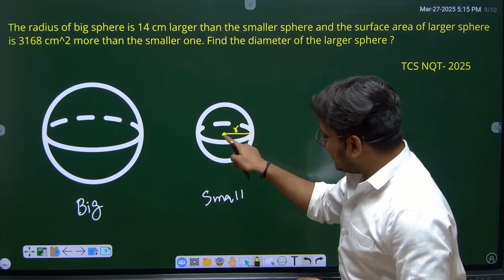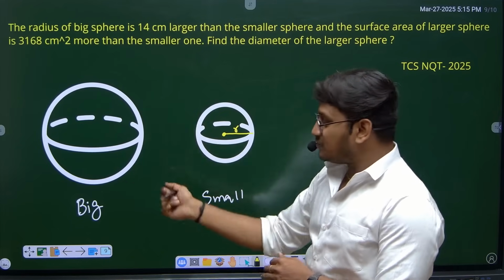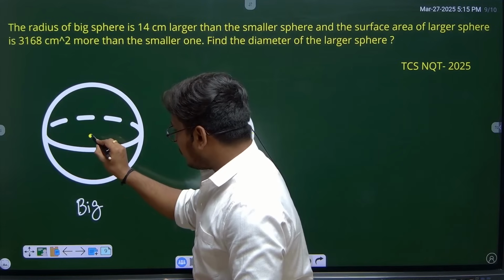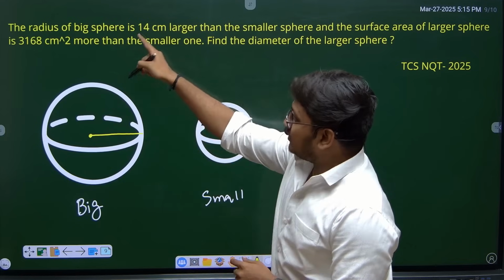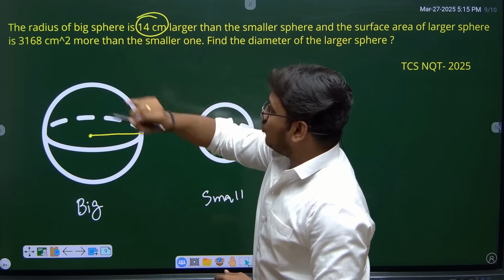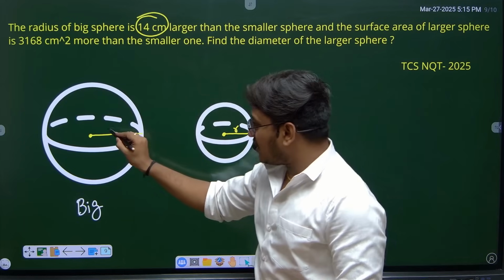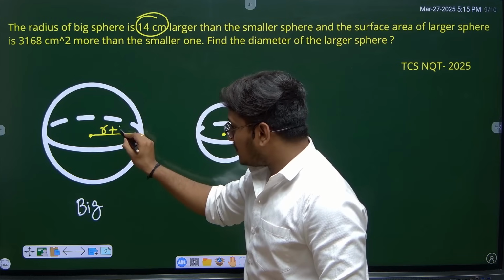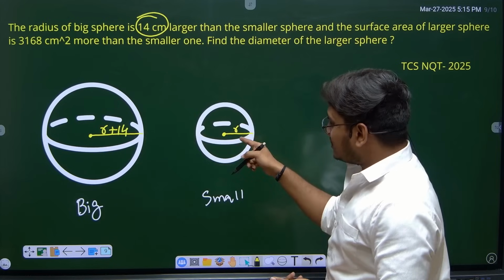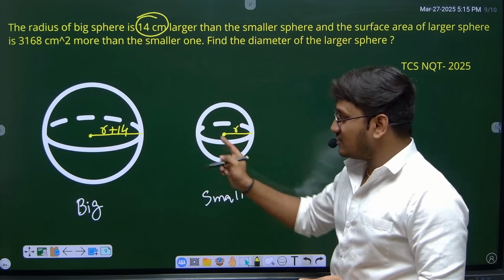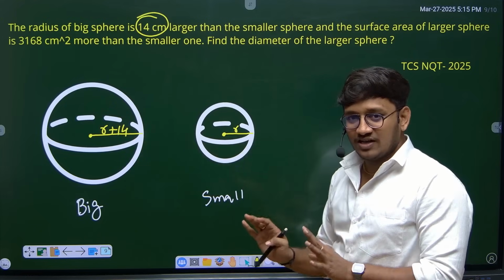If the radius of the smaller sphere is r, what would be the radius of the bigger sphere? The bigger sphere's radius is 14 centimeters more than the smaller sphere. So can I say this will be r plus 14? If the radius is r centimeters, the radius of this bigger sphere is r plus 14, right? I hope you are all clear up to now.